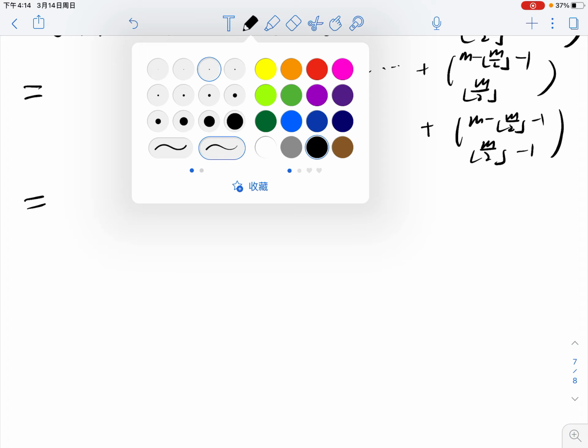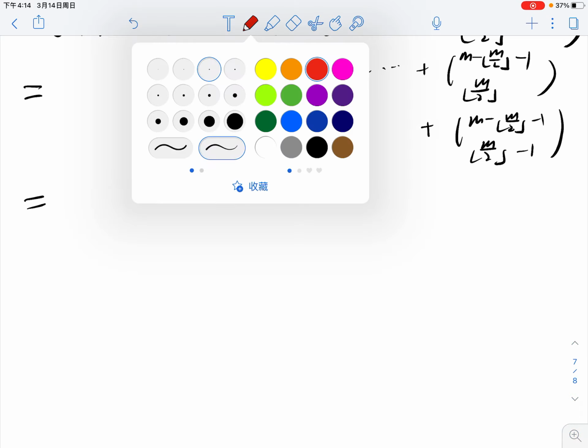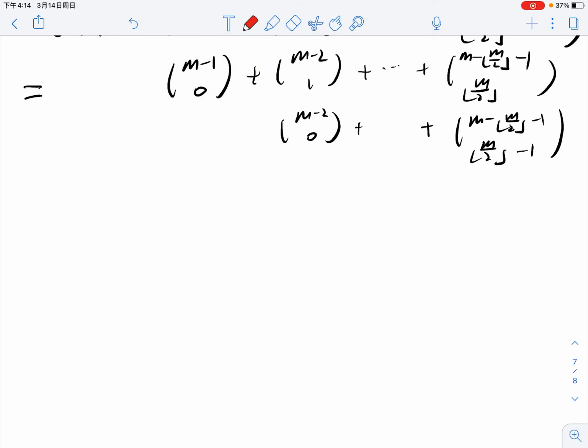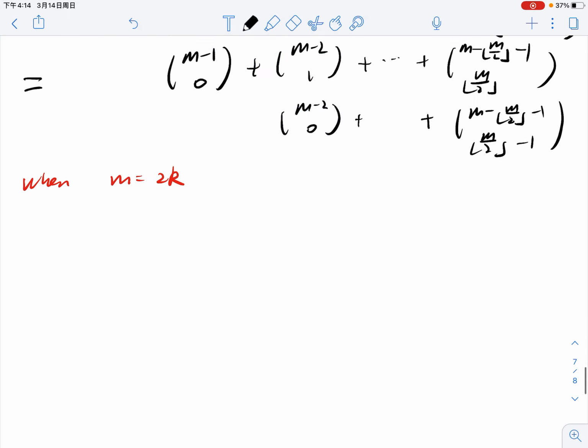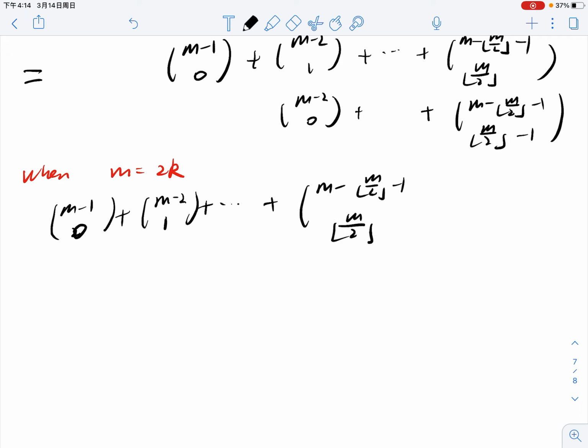Okay, and then we need to split the question into two cases depending on the parity of m. When m is even, or m is 2k, then the first few terms are not that important. You can still keep them. m minus m over 2 minus 1 choose m over 2.